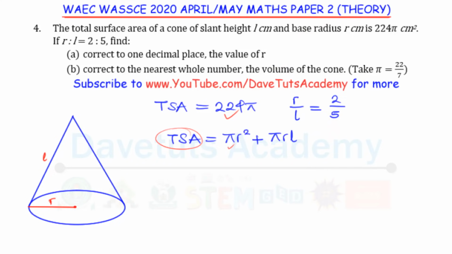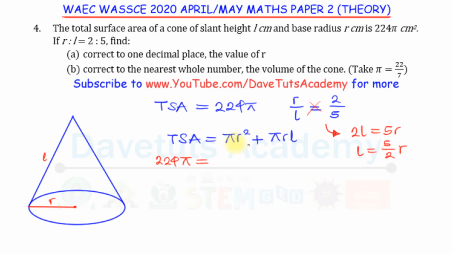So from here, if we cross multiply, we can say 2L is equal to 5R, so that L will be 5/2 R. I'm using this because it's the value of R that we are looking for, so R should reflect in the equation since we are not needing L. So our total surface area, which we are given as 224 pi, is equal to pi R square plus pi RL.